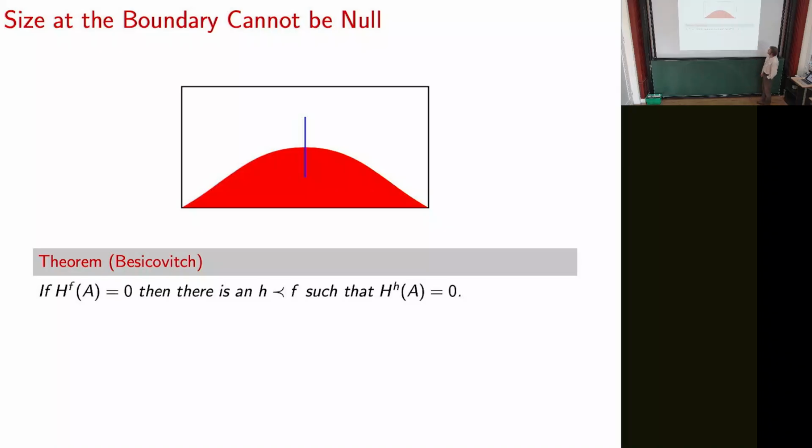So we'll see Besicovitch a couple of times. Okay, so Besicovitch proved that if A is null for the gauge measure H_f, then there's a gauge function of lower order, such that A is null for that gauge measure also. This is for arbitrary A.